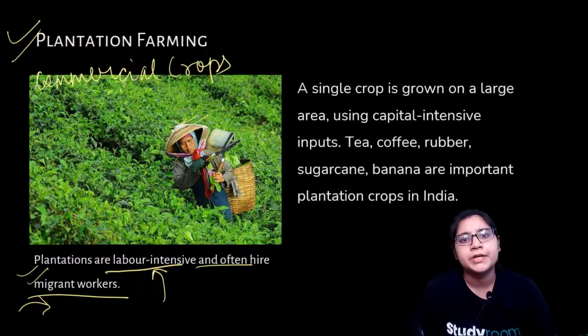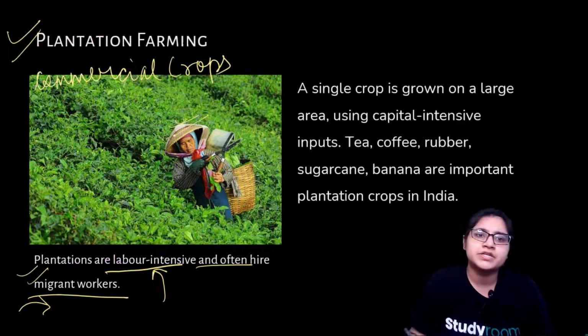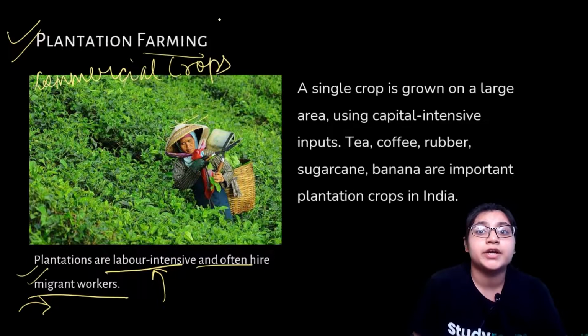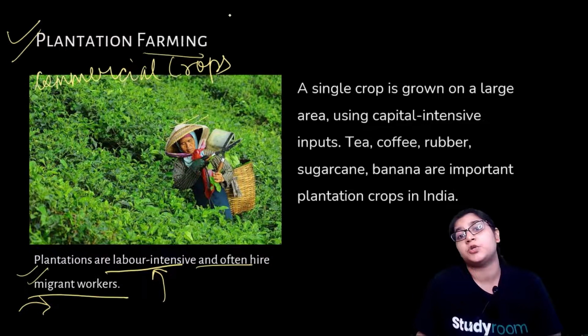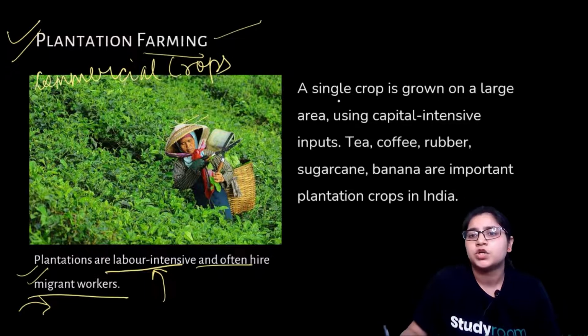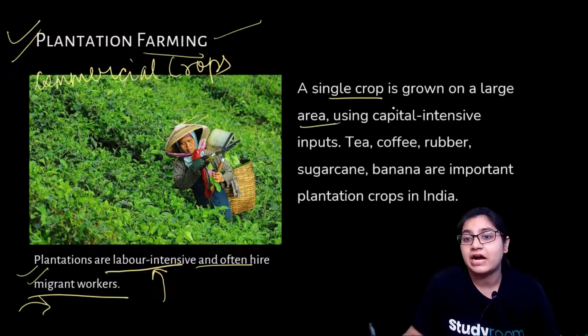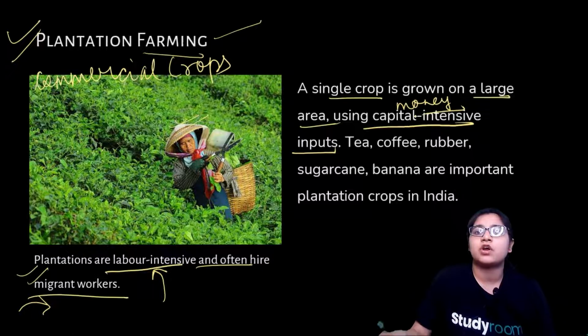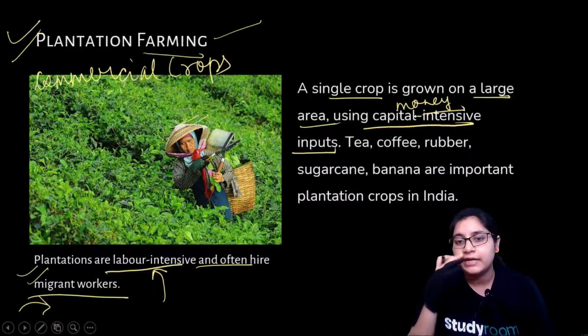Capital refers to money. So a lot of money is generated in plantation farming, and large businessmen usually do this farming. A single crop is grown on a large area using capital intensive inputs. Capital means money, so a lot of money is made, and a lot of money is also used as input. How?